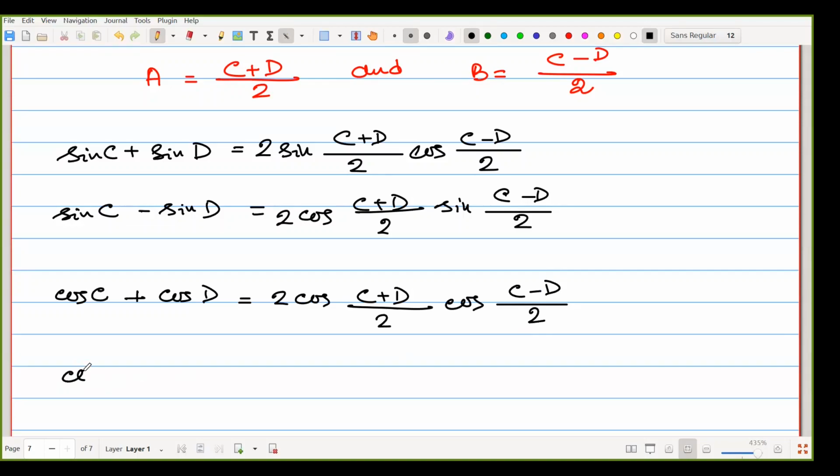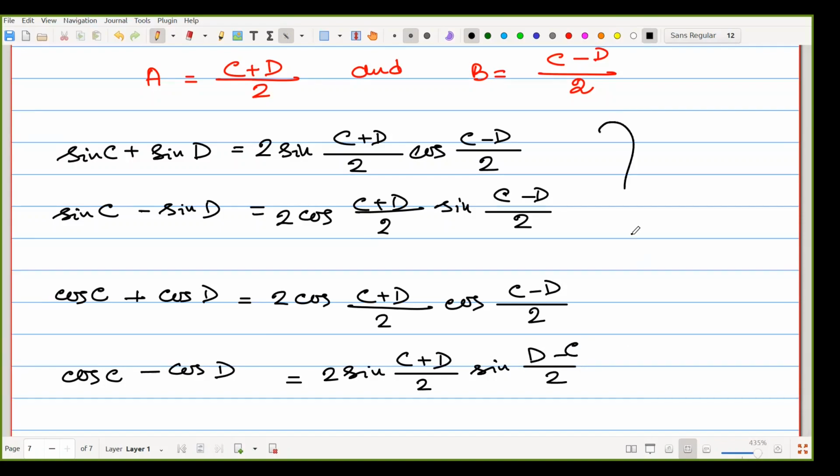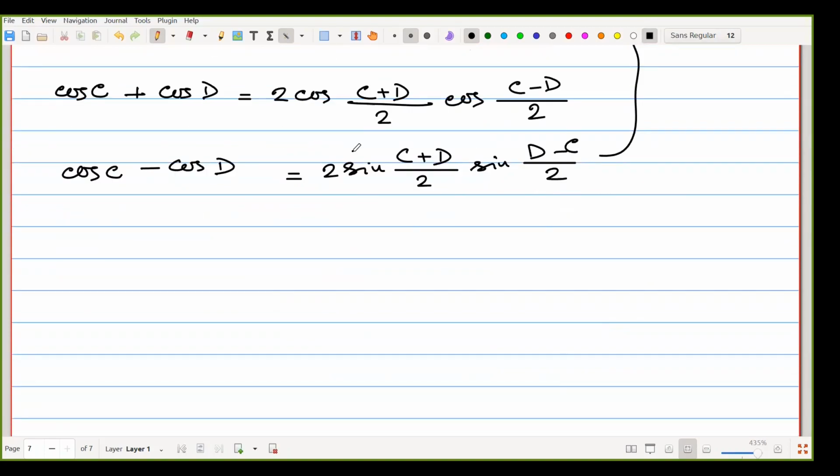And another one for the subtraction, cos C minus cos D is equal to 2 of sine C plus D by 2 and sine of D minus C by 2. So these four formulas also you can use. There would be no problem. Just for that, we can use one example, so it would be better.